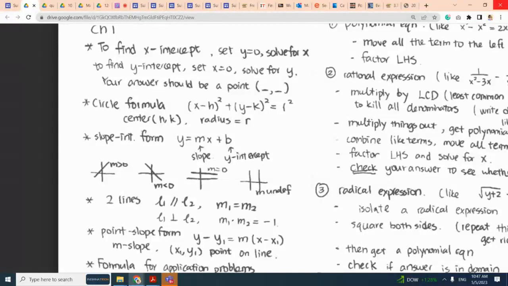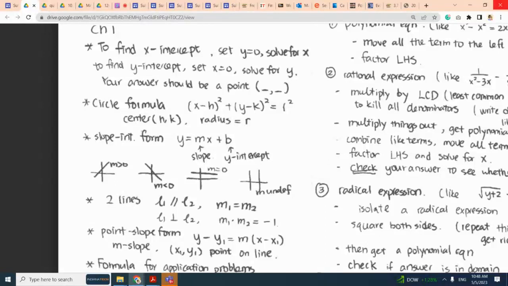Remember, let's say you have 2 points. This is the distance. And then this is the change of x. This is the change of y. By Pythagorean theorem, the distance squared is change of x squared plus change of y squared. That's why the distance is the square root of change of x, so x2 minus x1 squared, plus change of y, y2 minus y1 squared.